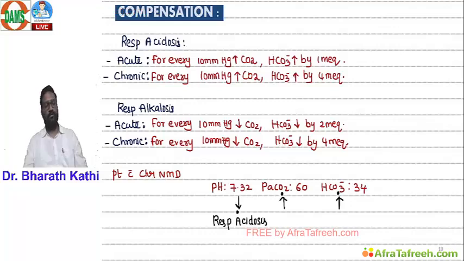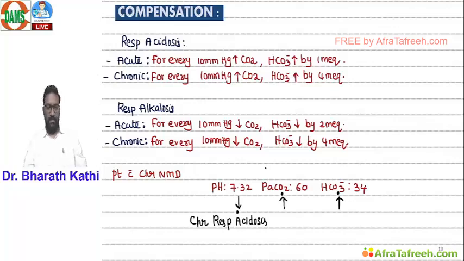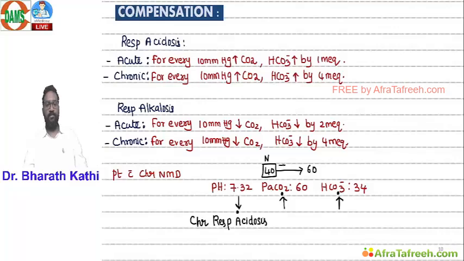Is it acute or chronic? It is chronic. Now how to calculate compensation? In this question, CO2 has increased from normal value of 40 to 60. It means it has increased by 20.